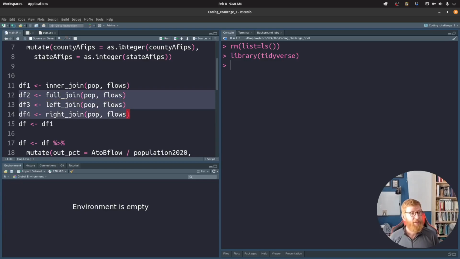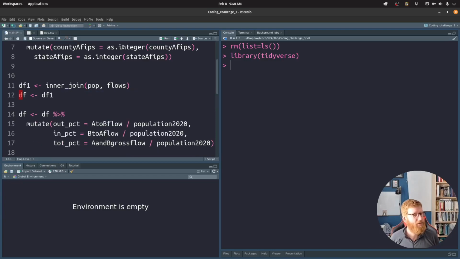Left and right join: with a left join, we keep everything in pop, and anything that isn't overlapping in flows gets thrown out. With a right join, it's the reverse. We throw away anything that isn't in pop and keep everything that's in flows. But we're not going to do that. We're just going to do the inner join.